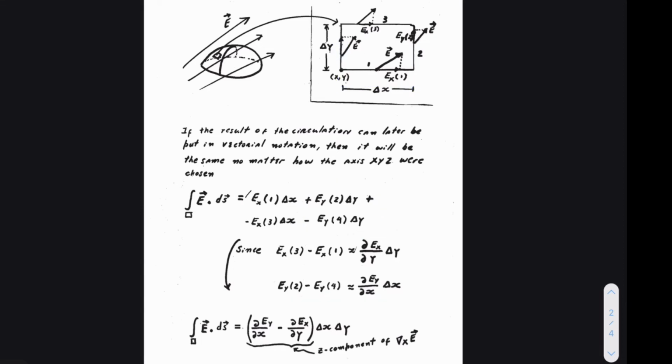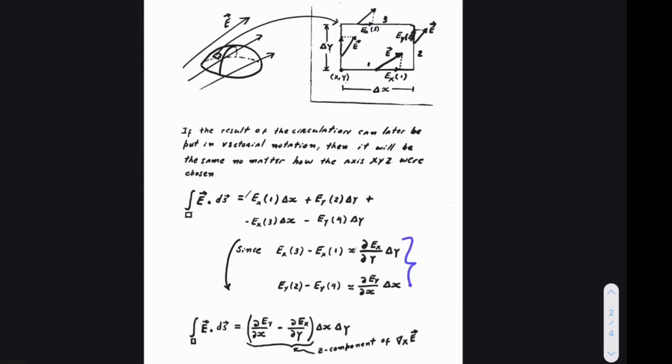Similarly, we can find out E_x3 minus E_x1, that is the change of the x component of the vector field E from point 3 to point 1, to be the rate of change of E_x in this direction times the distance between 3 and 1, which is delta y.